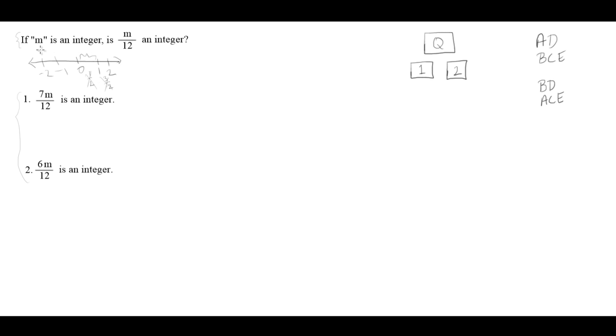So the question is asking us, given that we know m is a whole number, is m over 12 an integer? That means, is the number that we don't know, m, that whole number divided by 12 going to give us another whole number?